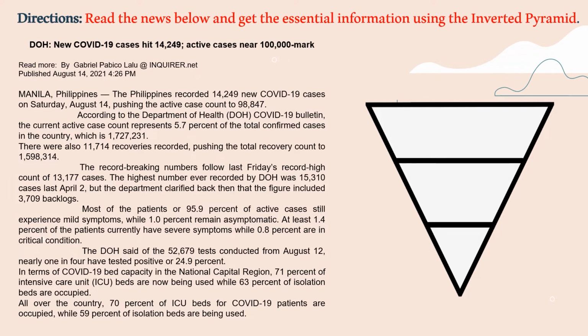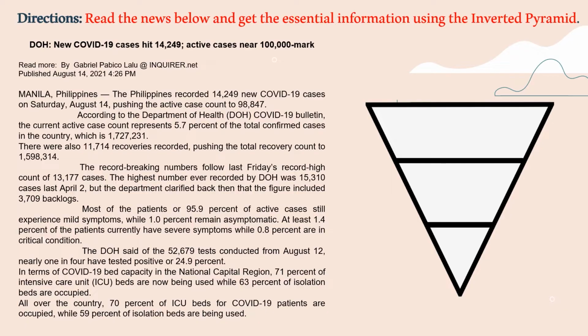Here, the first part of the paragraph answers the questions who, what, when, where, how, and why. And that shows the newsworthiness. While the next part of the pyramid, the middle part, mentions other important details in the news.